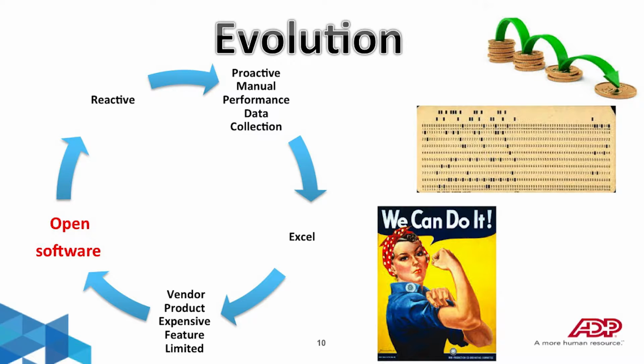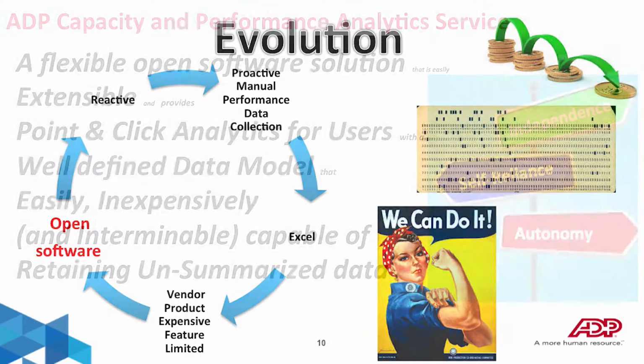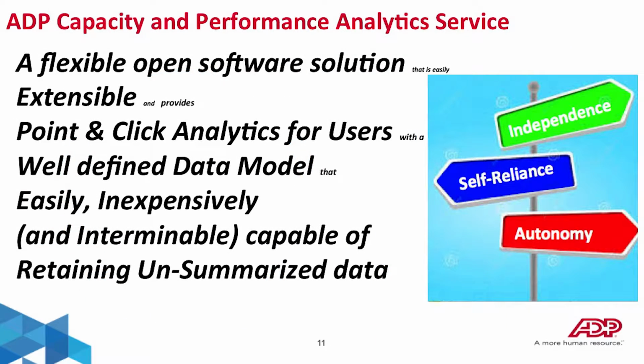And we built the open software stack that we felt was very flexible, extensible, point and click for our users. And again, this is really important to us, and it's one of the reasons we went to Graphite and Grafana: we wanted to allow our end users to basically point and click, not have to understand the math, and be able to apply statistical functions to the data.